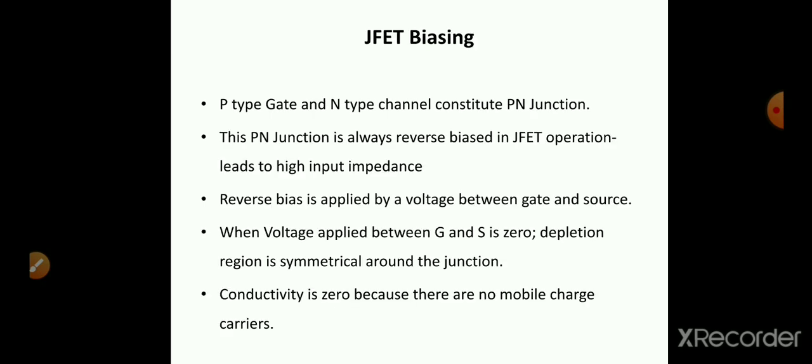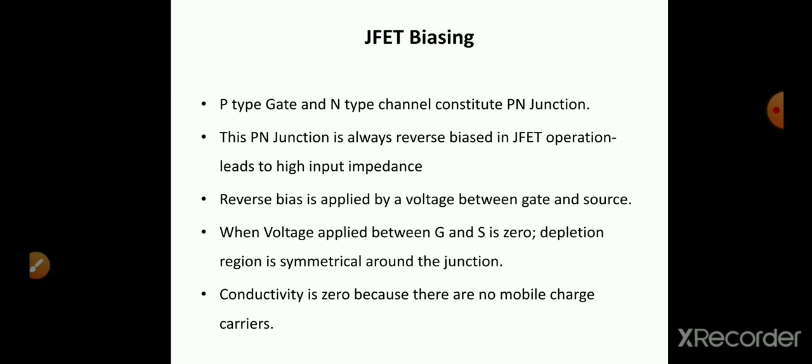Next one is the JFET biasing. Biasing means the method of applying the external supply voltage. In the case of an N-channel JFET, the P-type gate and N-type channel constitute the PN junction. For normal operation of the JFET, the PN junction must be reverse biased.